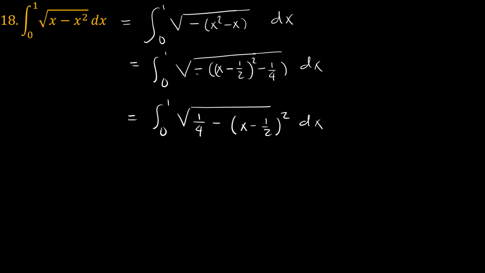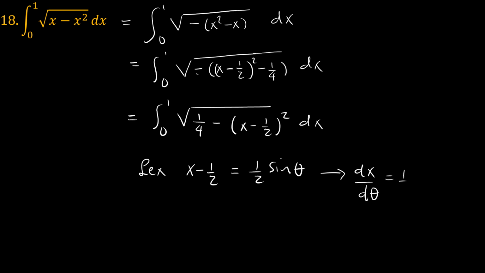So what we can say is let x minus a half be equal to a half sine theta. What that means here is that dx/d theta will be equal to a half cosine of theta, and therefore dx can be substituted by a half cosine theta d theta.